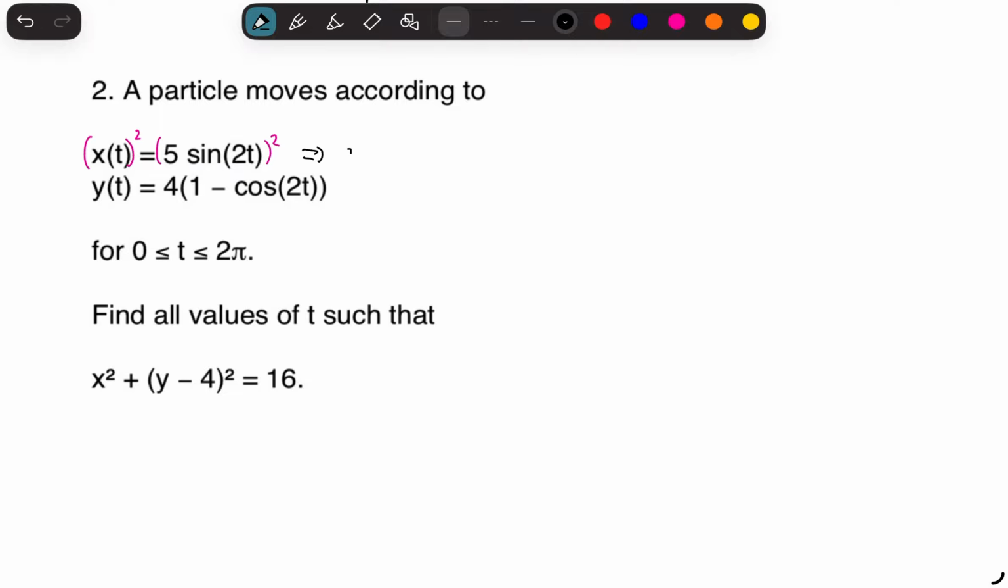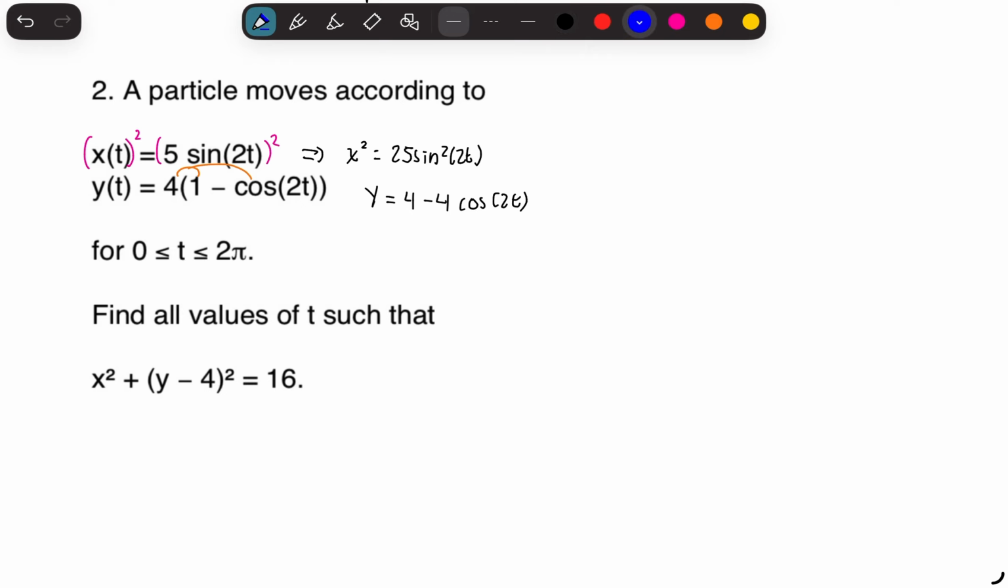we're going to get x squared is equal to 25 sine squared 2t. And here we can rearrange this by distributing that, and we would get y is equal to 4 minus 4 cosine 2t.